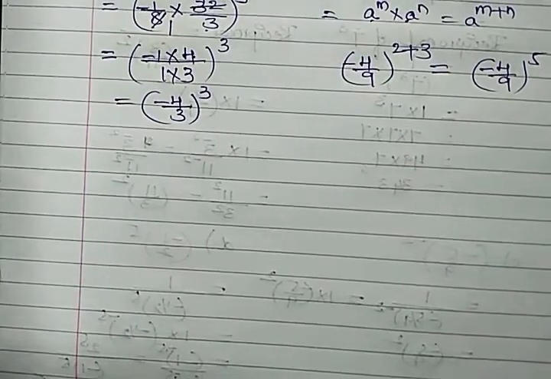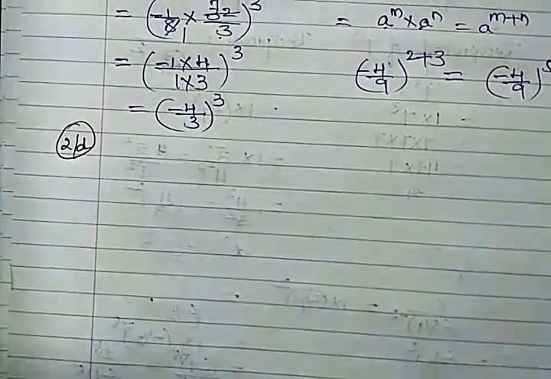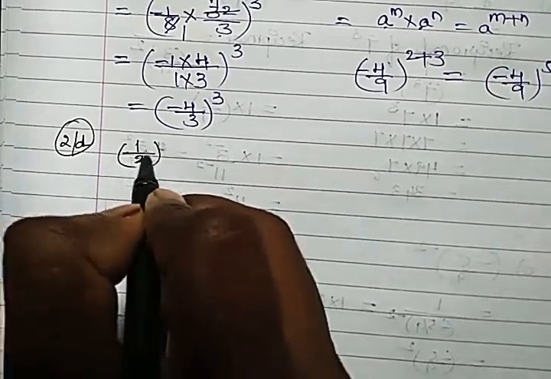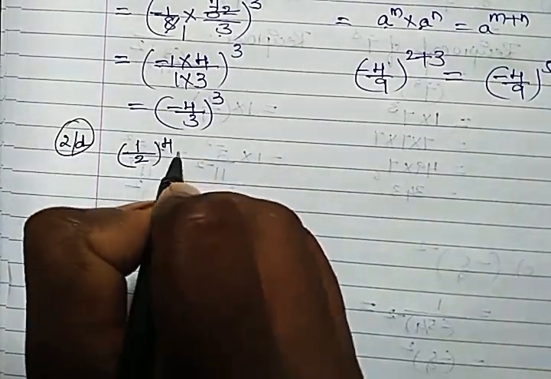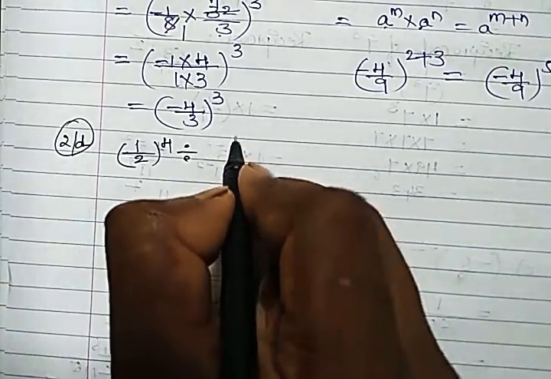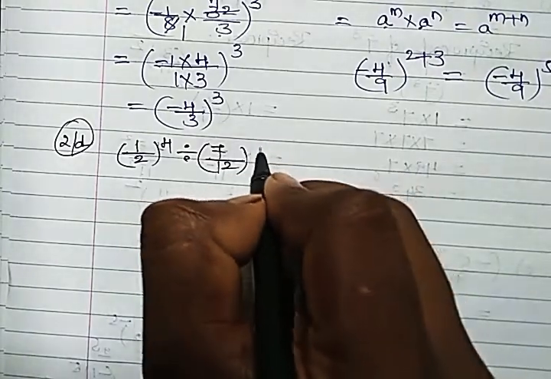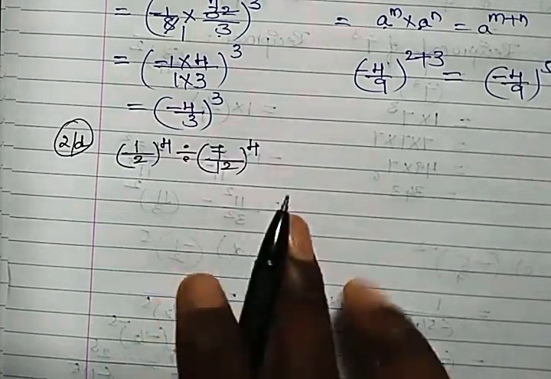Now 2D, question number 2 and D, is (1 upon 2) whole power 4 divided by (7 by 12) whole power 4. Now here also we have the same powers.